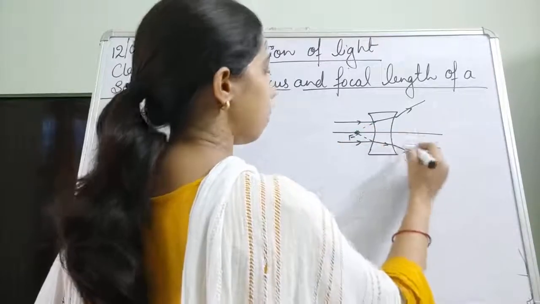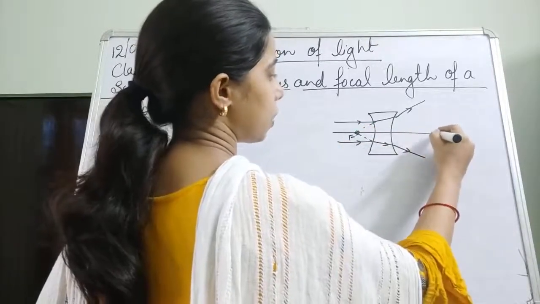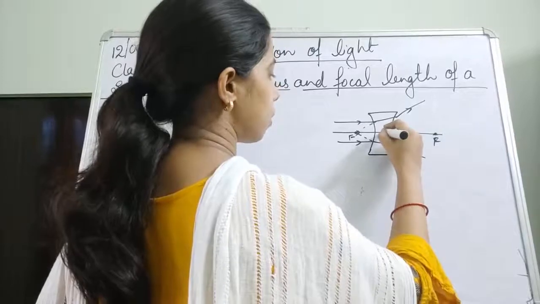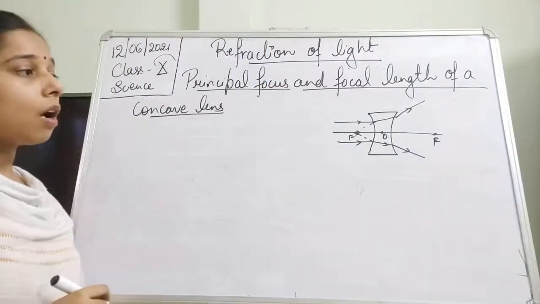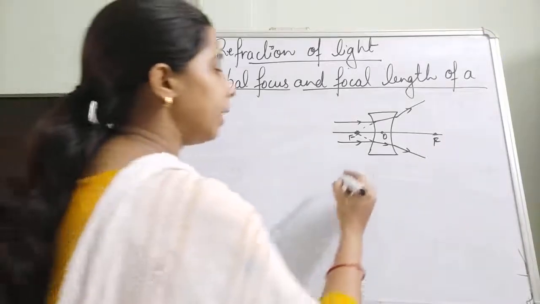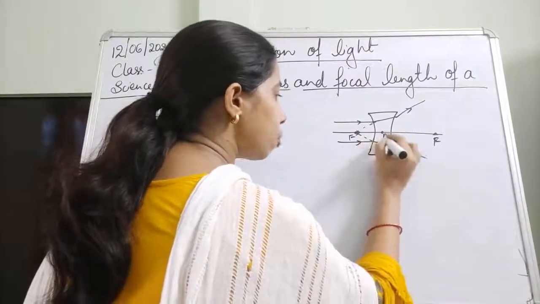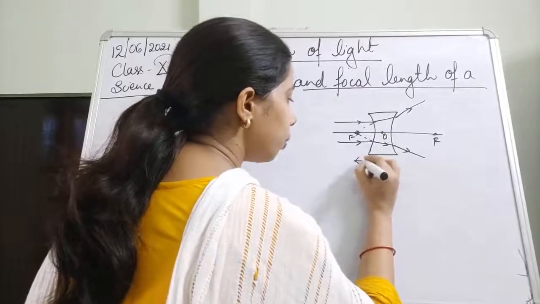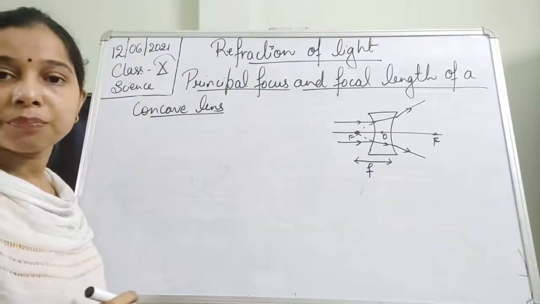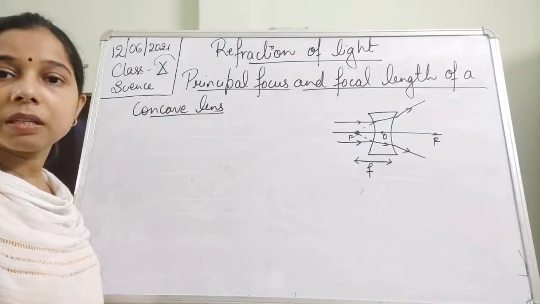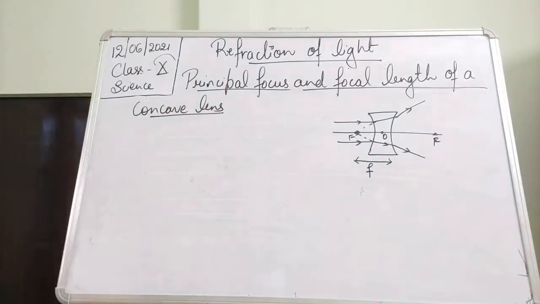This is called the focus, and this one is also a focus. This is the optical center, and this is the principal axis. Now again here the distance from the optical center to the focus is called the focal length. The distance from the optical center to the principal focus is the focal length.